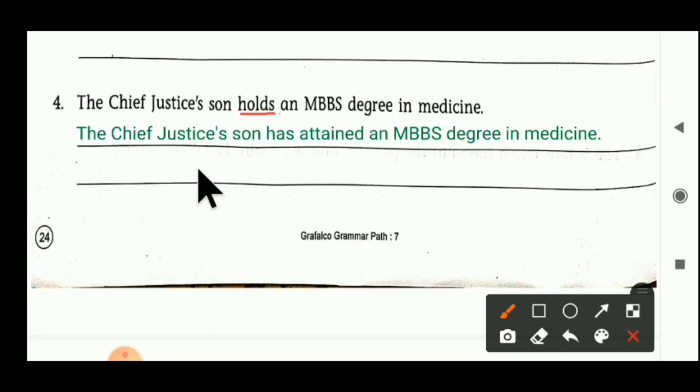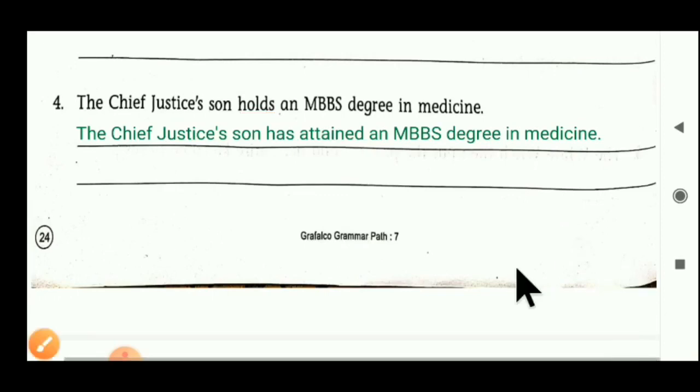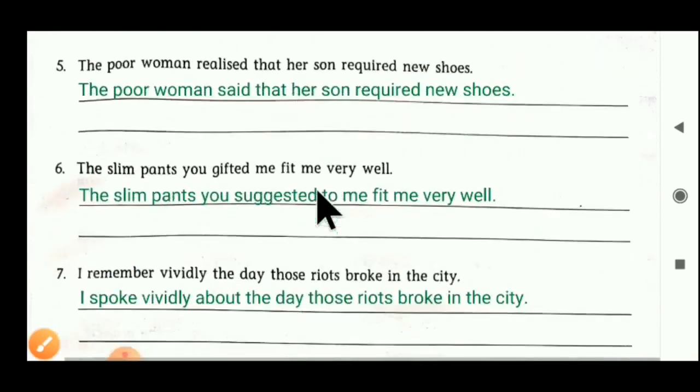So we have to convert it into: The Chief Justice's son has attained an MBBS degree in medicine. Here holds is a dynamic verb. I converted it into a stative verb here. Attained is the stative verb here. Understand, students? But the sentence meaning will be the same. Now next, the fifth one we have to understand. Fifth sentence.